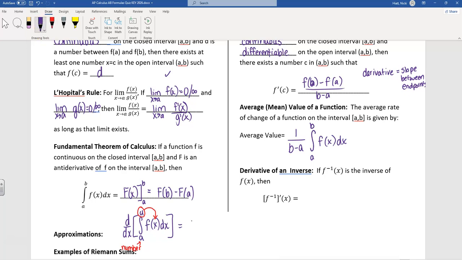So you will have f of u, but you must multiply it by u prime, right? So it's like a chain rule there. So if that's just an x, you're just going to get f of x. But if you have like 2x, you'll have f of 2x times 2, right? So you have to multiply by that derivative, do a little chain rule there. That is like the other version of the fundamental theorem of calculus.